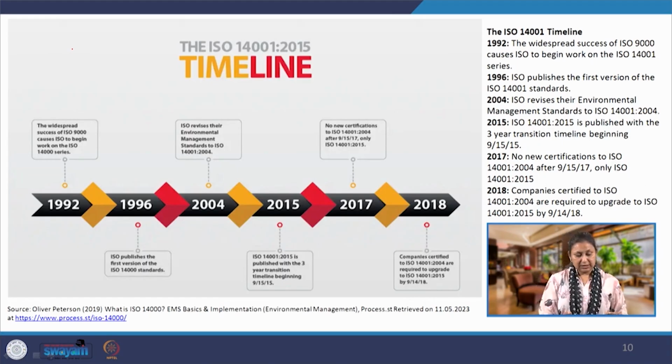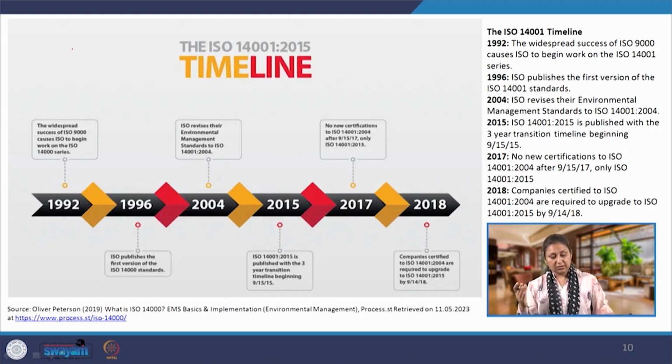Quickly looking at a timeline, for the first time, there is the success of ISO 9000, which has led to the work starting on the 14000 series, the environmental management series. From then on, in 1996, the first version of the ISO 14000 standards was published, and then a major revision happened in 2004, and then another set was published in 2015, the same year when the Paris Agreement happened.